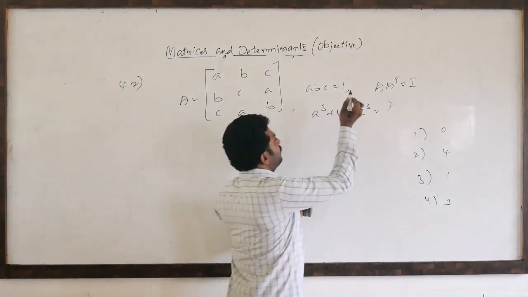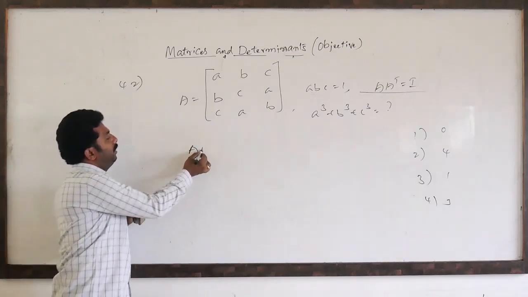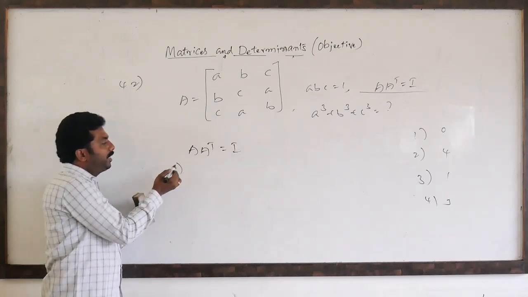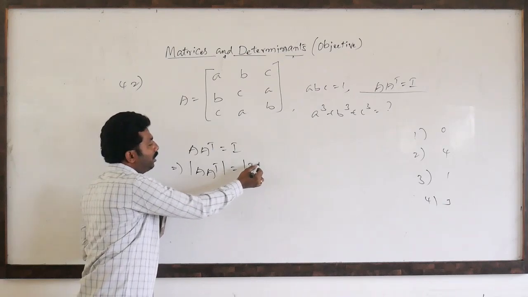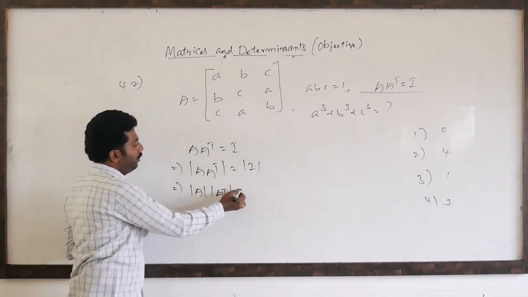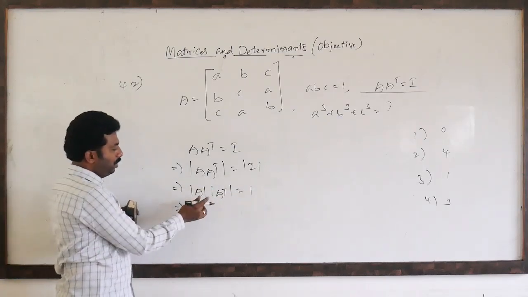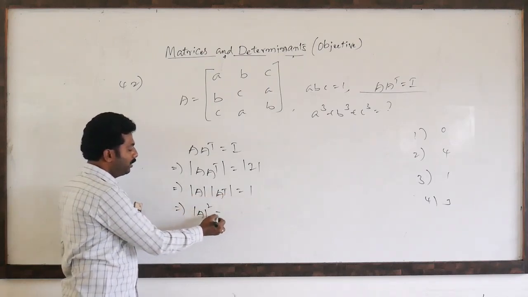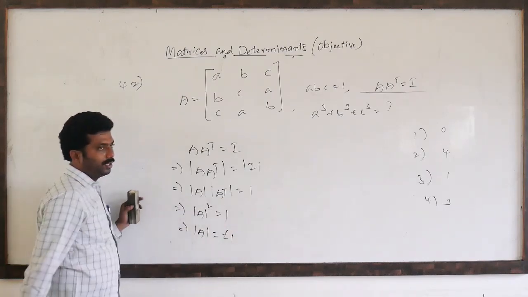Whatever it may be, I am taking this one. The matrix is orthogonal, so A transpose A equals identity. Taking the determinant, determinant of A into determinant of A transpose equals the determinant of the identity matrix, which is 1. The determinants of A transpose and A are the same, so det A equals plus or minus 1.